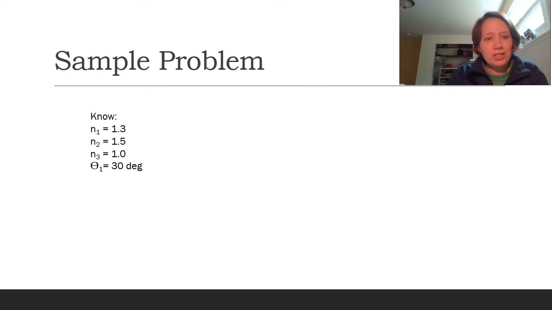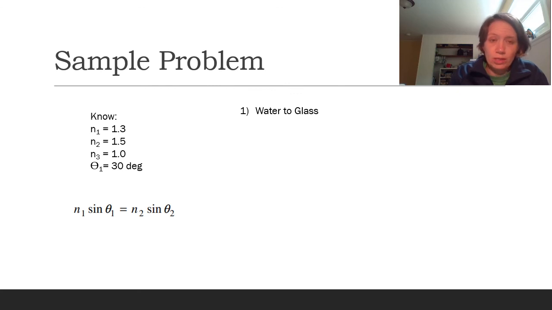As far as calculations go, I would make a knowns list. My first medium has an index of refraction of 1.3, my second is 1.5, and my third is 1.0. And my theta i, my angle of incidence in the first medium, is 30 degrees. I know I'm going to be using this equation. I'll actually be using it twice, once from water into glass, and then from glass into air.